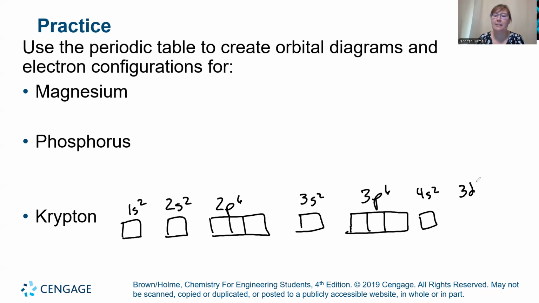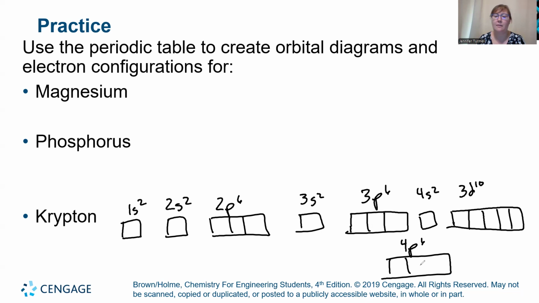Okay, and then 3d10. And last, we have our 4p6. I'll go ahead and sneak it in down here. Okay, and then we know that krypton is, that's what we got there.